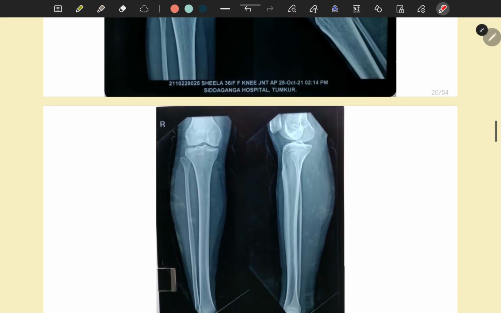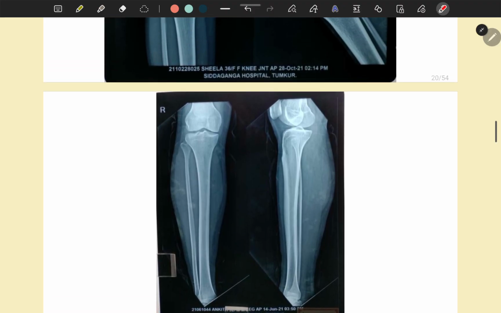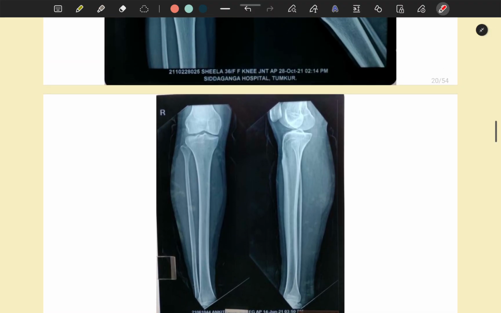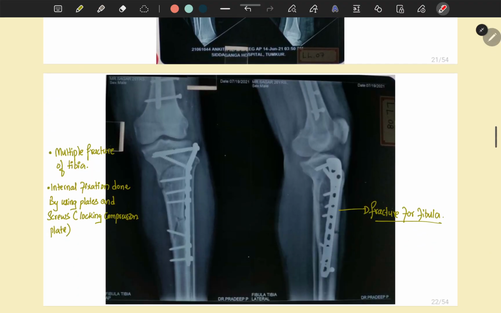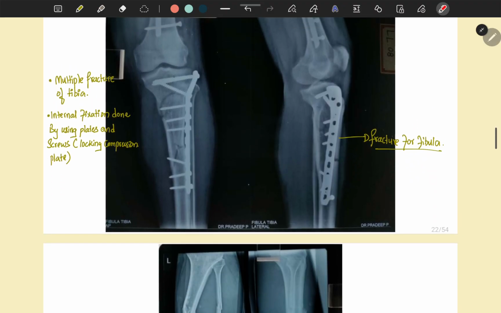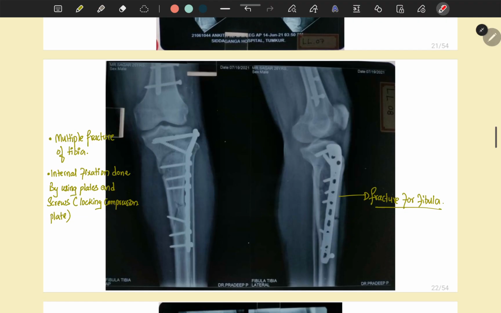Okay, now if you come to the next x-ray, same, this is AP and lateral. You can see the tibia, fibula, same lateral view, patella, and this is a fracture.